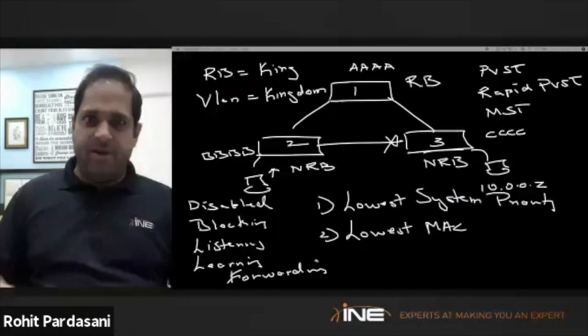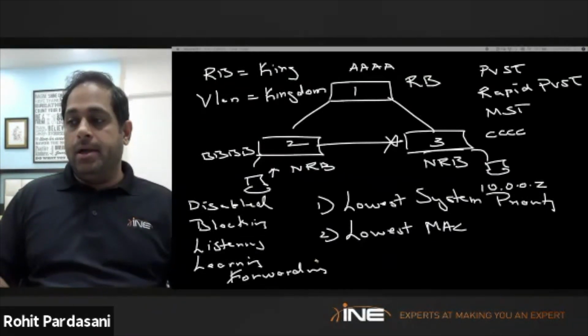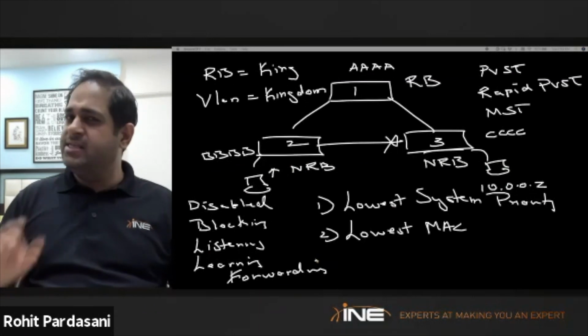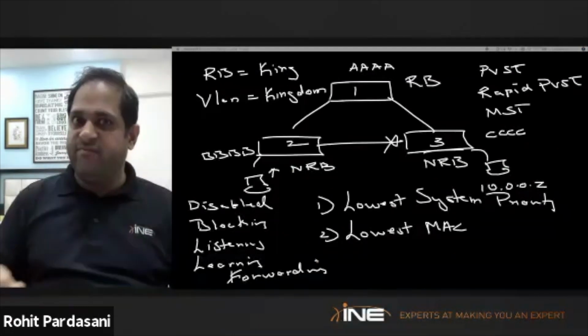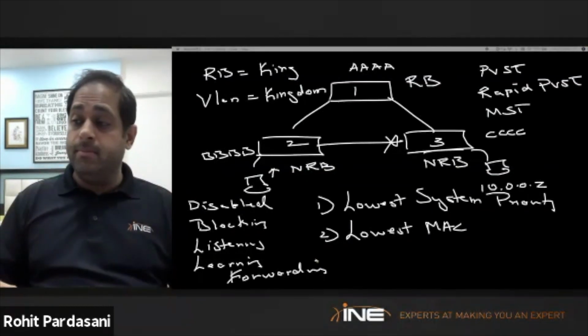Disabled is when maybe your port is administratively shut down. Blocking is where it's not sending BPDUs, but it can receive BPDUs. It's not processing any frames at this point of time.